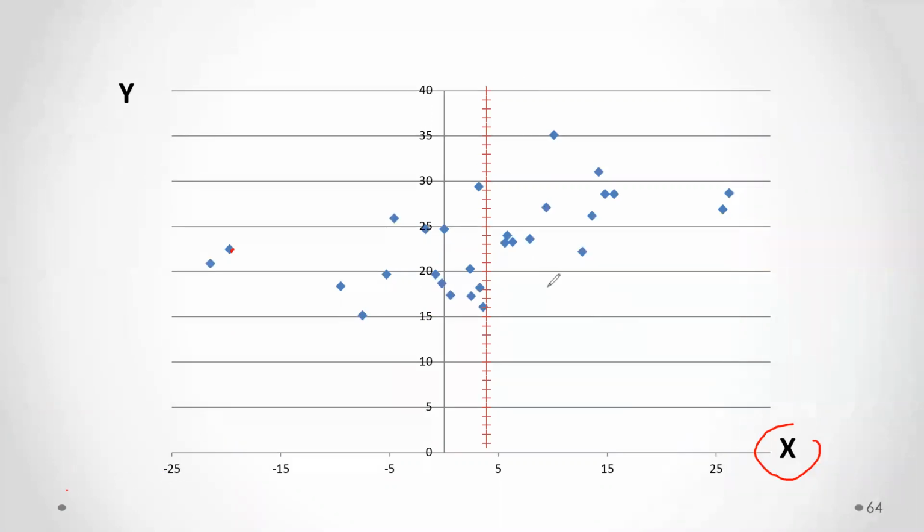Okay, now I would like you to see that the red line is the average of x.